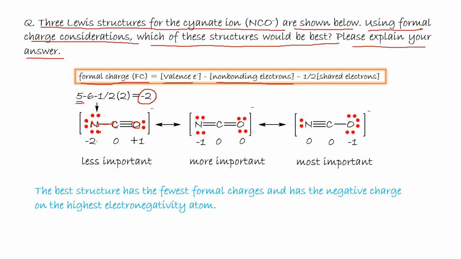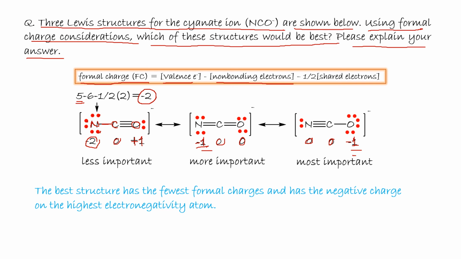So the nitrogen will have minus 2. Carbon 0, and the oxygen plus 1. Here, nitrogen you will find is minus 1, here is 0, and here is 0. Here you find 0, and you find 0, and here is minus 1. Here is minus 1, and here is minus 1.